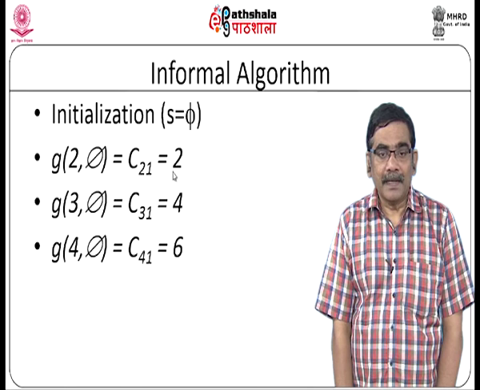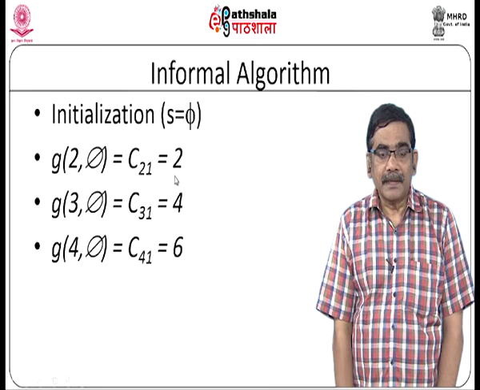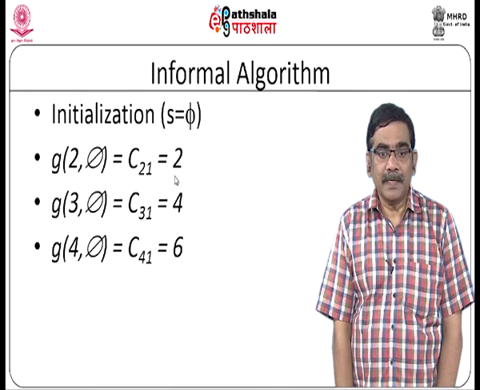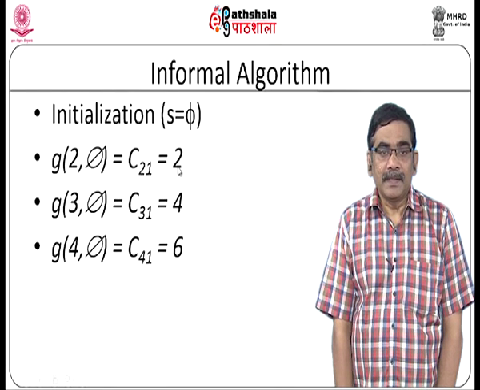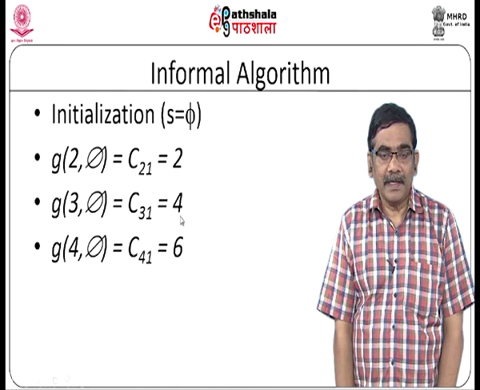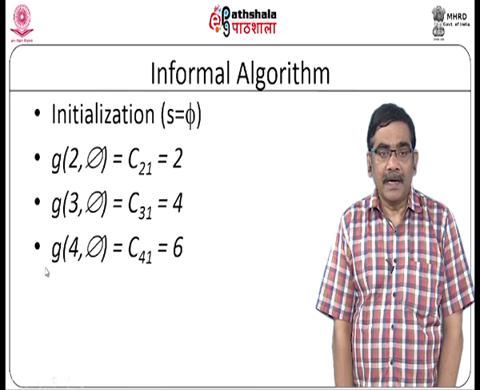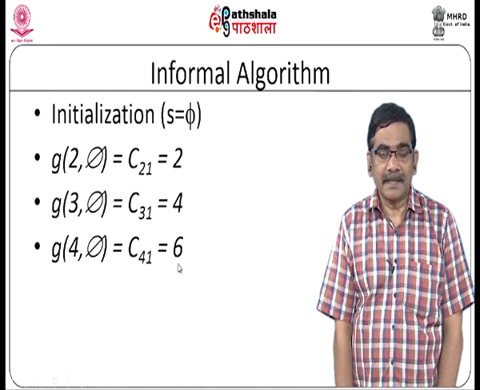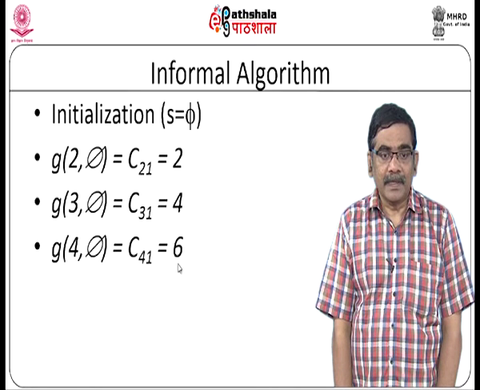In the graph I have not given the cost, but you can observe and note that c21 is going to be 2. Similarly, I can find g of 3 comma null, it is going to be c31, which is 4, and g of 4 comma null is going to be 6. So, this is our first level.